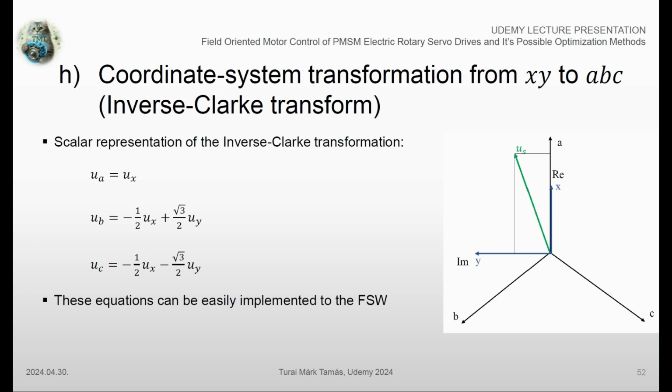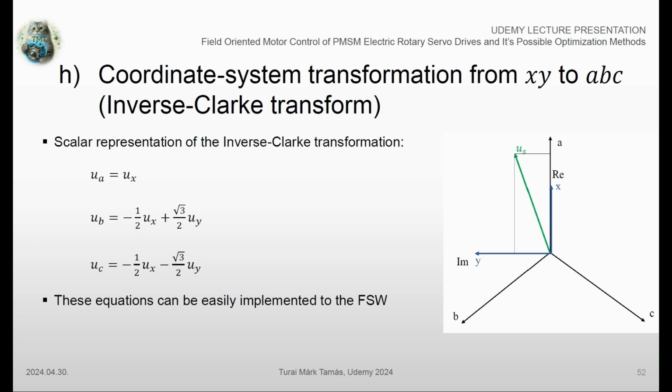So, to summarize the inverse Clarke transformation, we have successfully described the controlled direct and quadrature voltages with the help of the current controllers in the appropriate directions. Later, by utilizing the angle information of the rotor pole flux, we described the voltage components in the XY stationary frame as well.